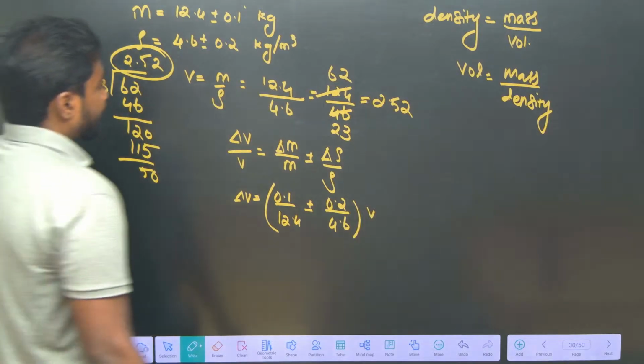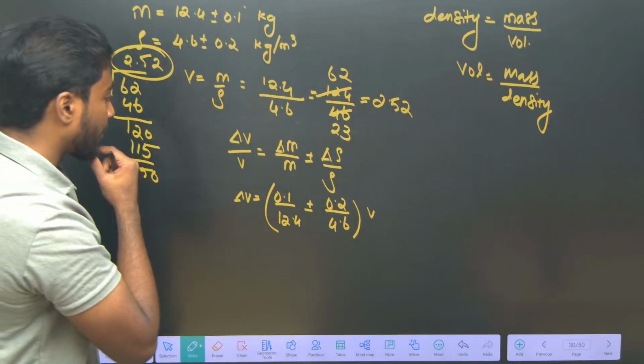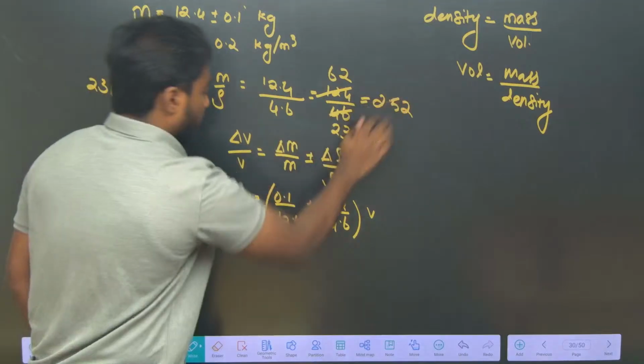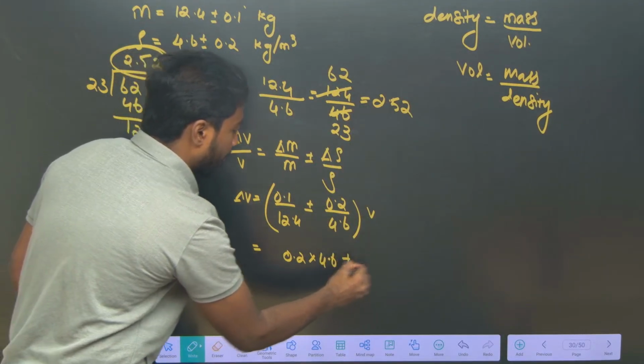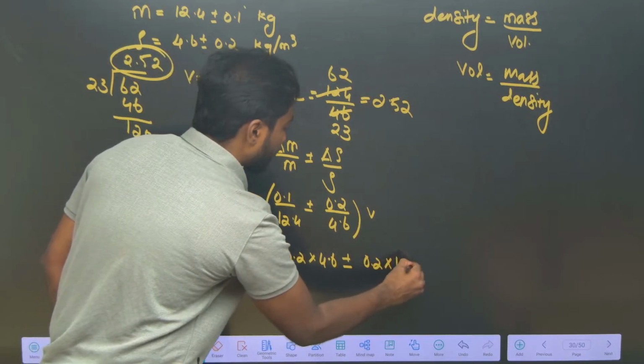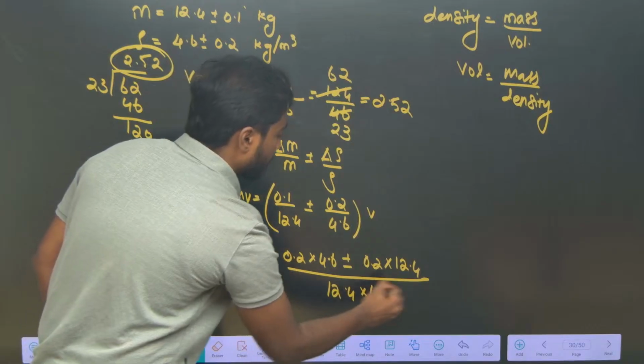So either I can keep this one as it is and I can get the value, or else what I can do is, 0.2 into 4.6 plus or minus 0.2 into 12.4 divided by 12.4 into 4.6, what is V value?